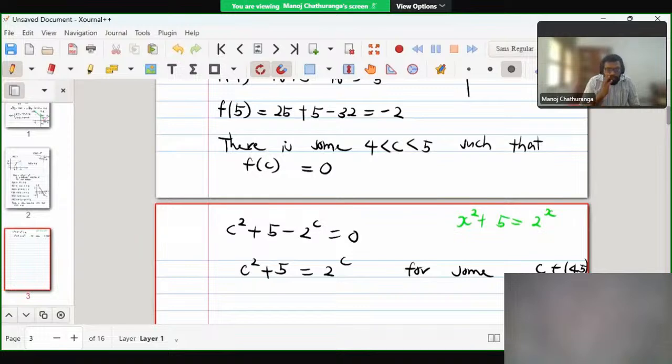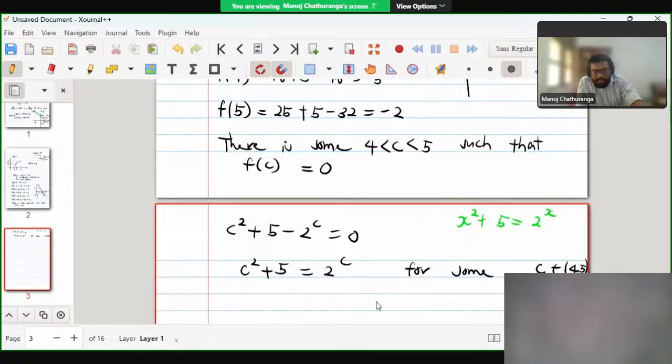Now, what you do is you make some guesses, trial and error. You can take the middle point, 4.5. And likewise, by substituting numbers, you can approximate this solution. You can write a computer program and do this.